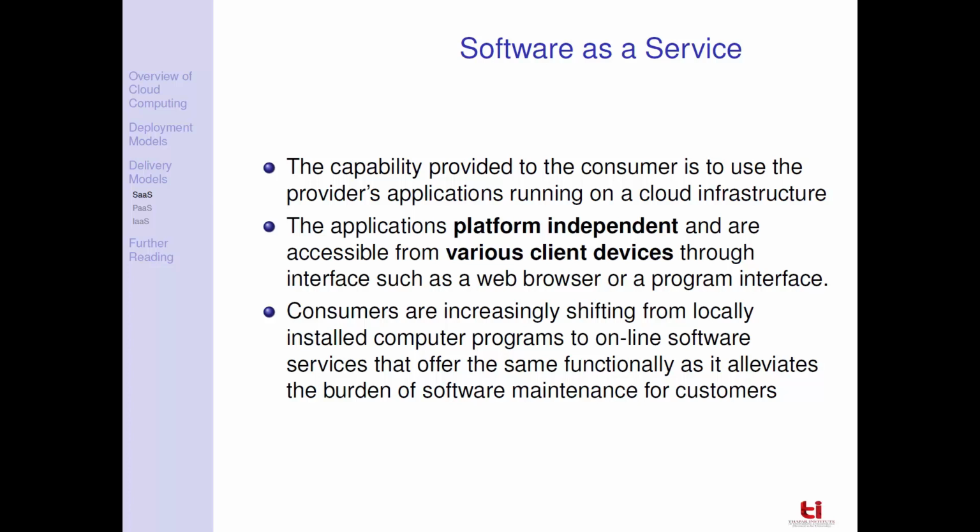So examples of software as a service are Gmail, Microsoft Office 365, Google Sheets, and many others. If you see, almost every one of us uses this delivery model of cloud computing.